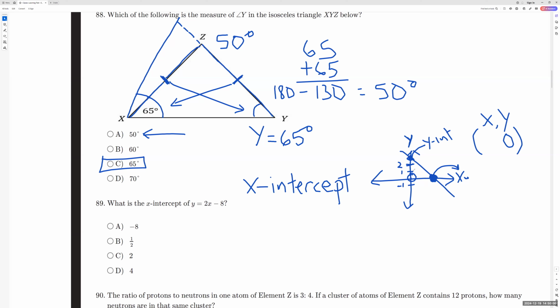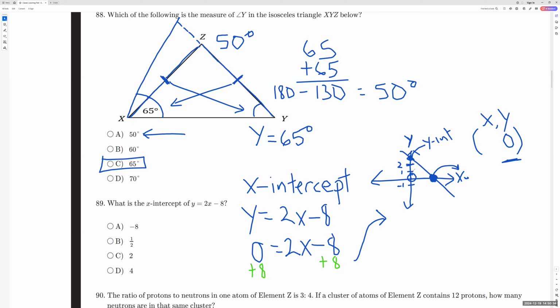I need to find the value of x when y is 0 using this equation. Y is equal to 2x minus 8. But y, we said, is 0. We're going to substitute 0 here: 0 is equal to 2x minus 8. Now, to solve for x, to find the value of x when y is 0, we need to add 8 on both sides. And when we do, we're going to find out that the new equation, which I'm going to move over here now, is 8 is equal to 2x.